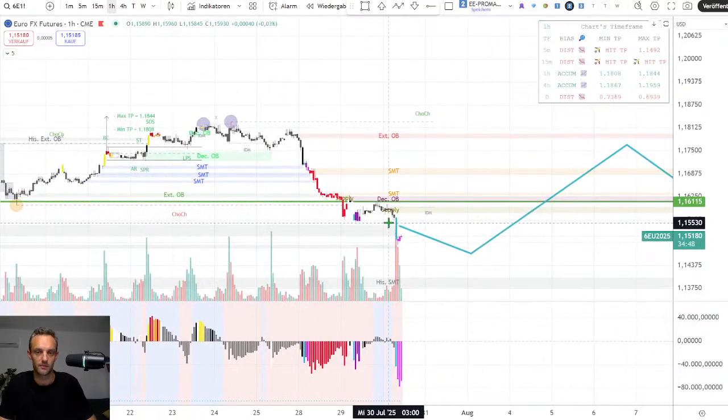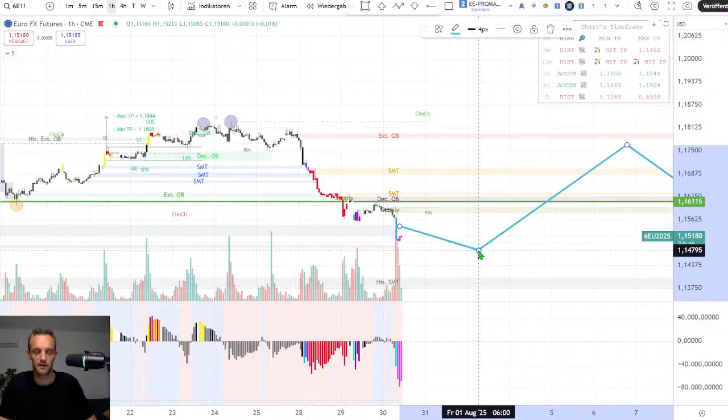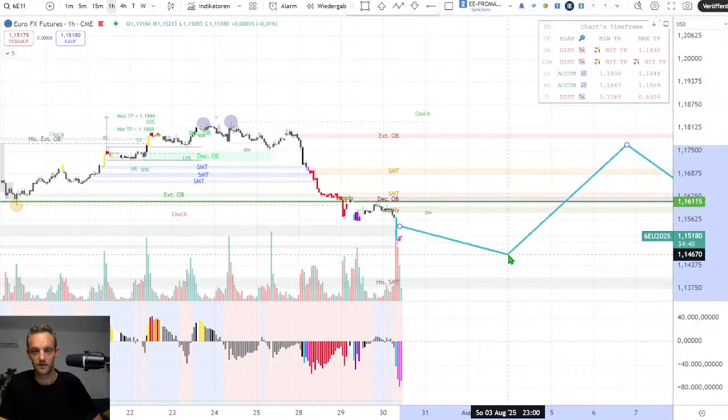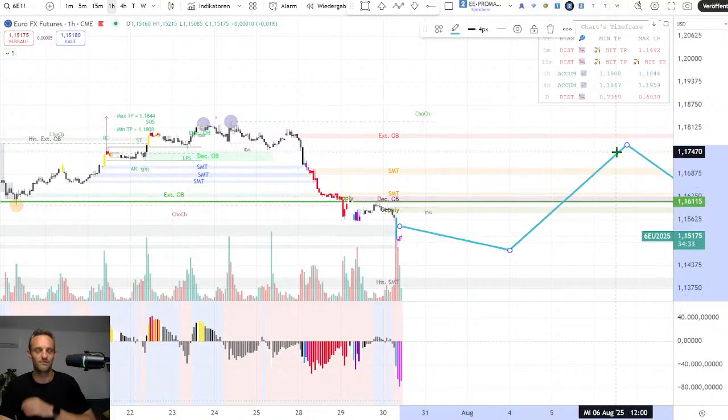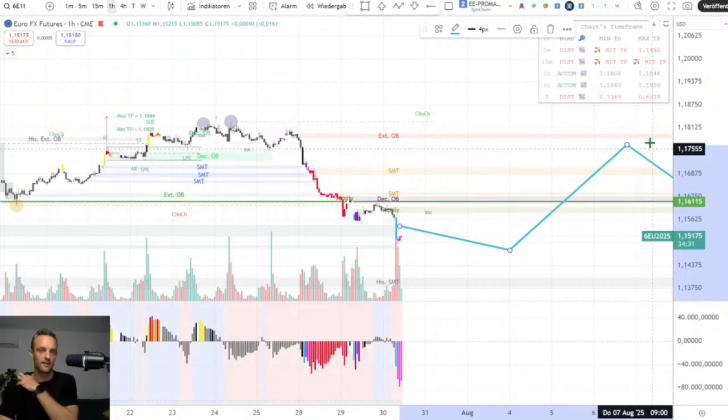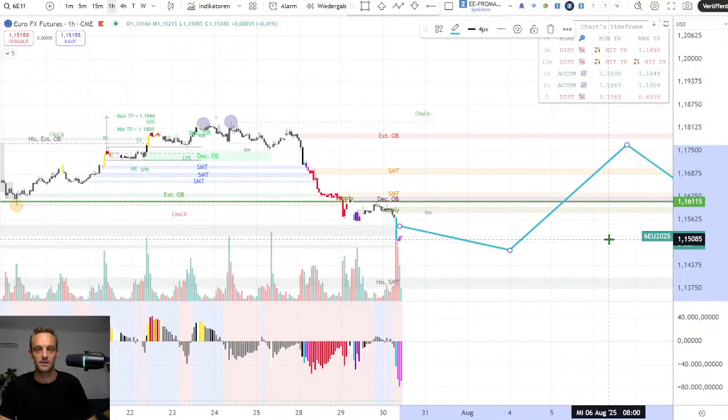So this is what I'm saying. It will take some more days, maybe Thursday, maybe Friday, to build this bottom, and then next week start to the upside, and then we have a nicer selling opportunity here at the bottom.